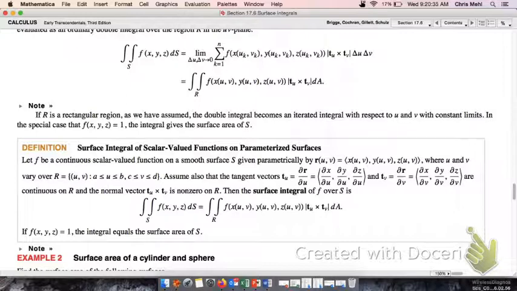And then the surface integral of f over S was given above. And if f of x, y, z equals 1, the integral equals the surface area of S. Okay, so let's go back to the handout. We'll actually find some surface area.